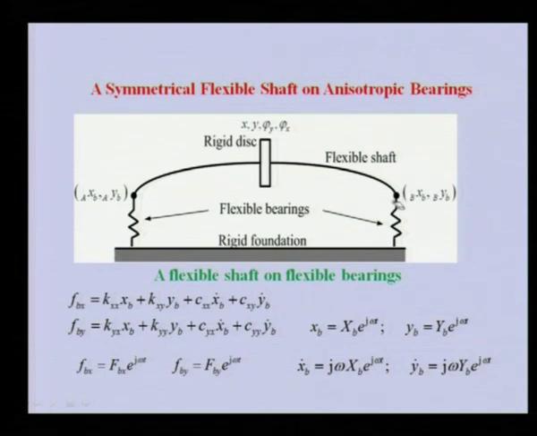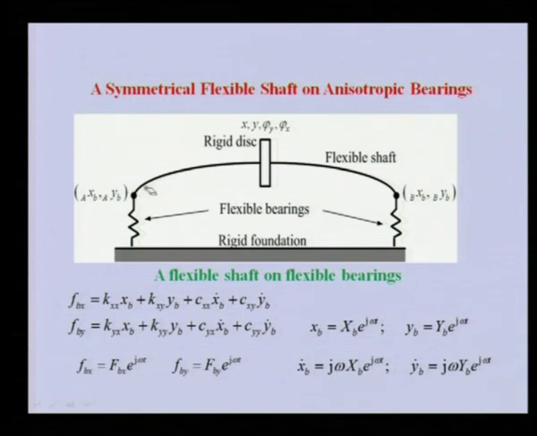As we know, whatever forces come onto this bearing from the shaft end are basically from the unbalance force, because the unbalance force is the external force acting at the disc. They are transmitted to the bearing through the shaft.